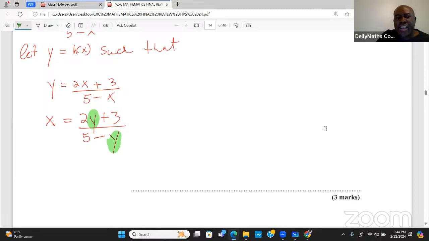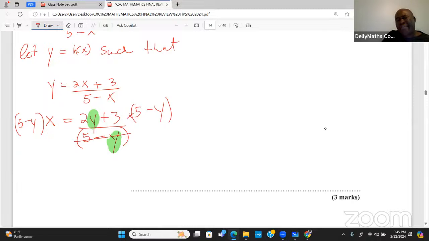So the bottom line here is let us execute our algebraic skills as we go. So here it is. I'm going to multiply both sides by 5 minus y. Over here, 5 minus y, and I'm going to put it in a parenthesis so you could see. So I'm multiplying both sides by 5 minus y.